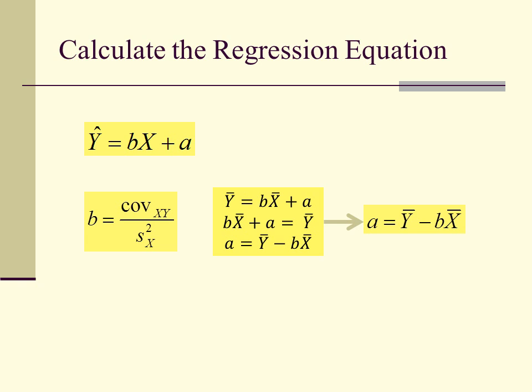Then b multiplied by mean of x plus a equals mean of y. Then a equals mean of y minus b multiplied by mean of x. So that is the equation of the intercept: the mean of y minus the slope multiplied by the mean of x.